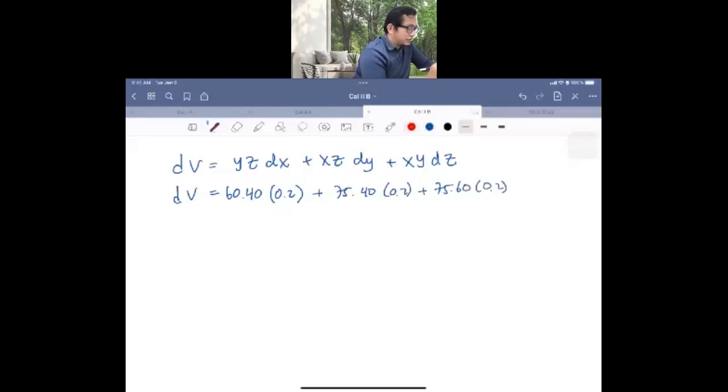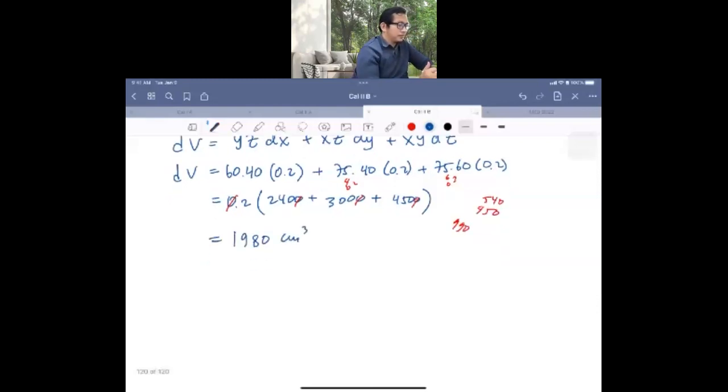If you check the result, this will be 480 plus 600 plus 900, which gives 1980 centimeter cubed.